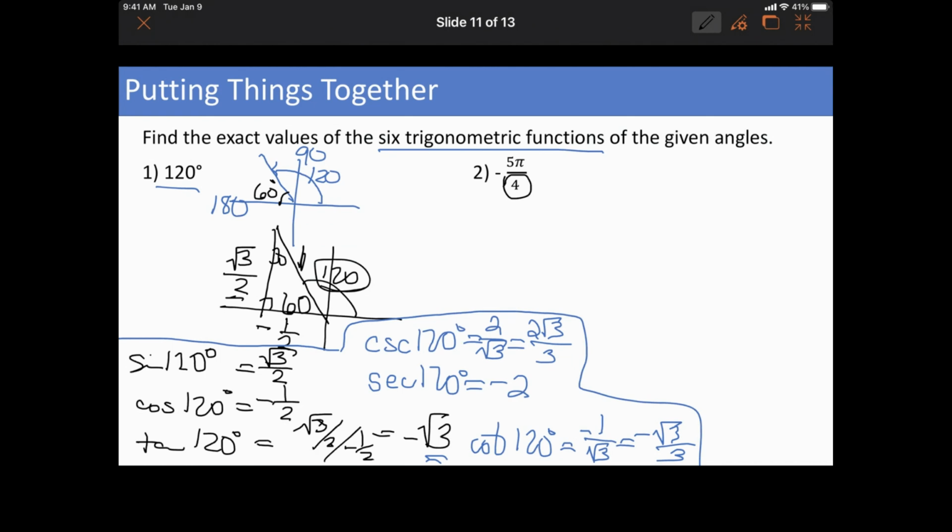I'm going to change it to degrees just for those who need to see it, -225. So if we're going here, because it's negative, we're going this way. And it's -180 here, and this is going to be -270, and so it would fall in between. It's actually going to fall into the second quadrant. And it's a 45-degree angle.